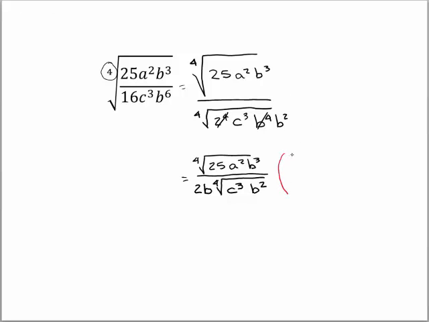So what do we put in here to rationalize? We need 1 more c, and we need 2 b's.